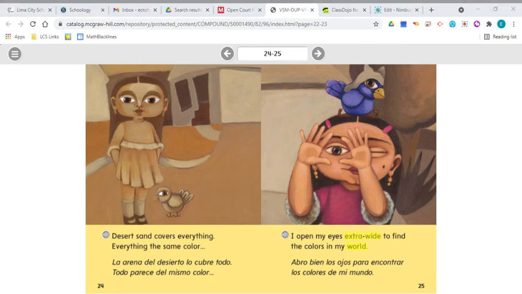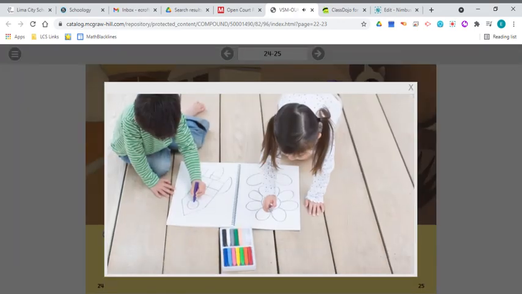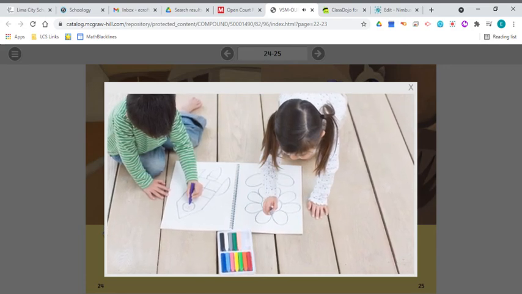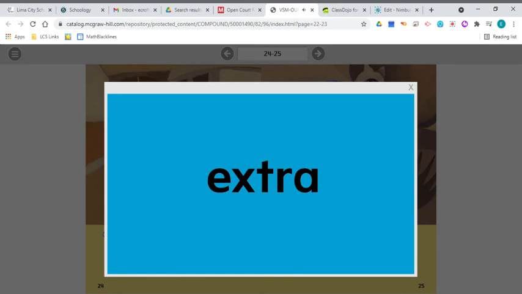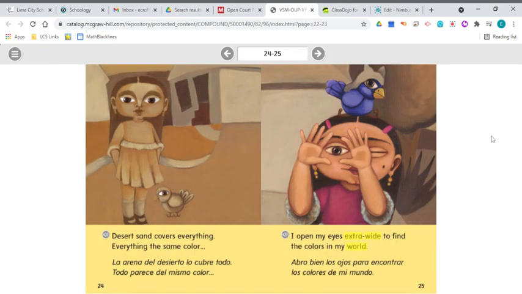Extra. More than usual. You may keep my extra blue crayon. I have another. Extra. Okay, so extra simply means more than usual. So when she opens her eyes extra wide, she opens them wider than usual.